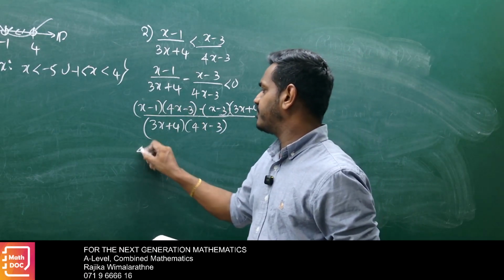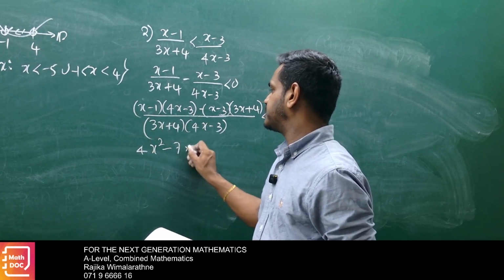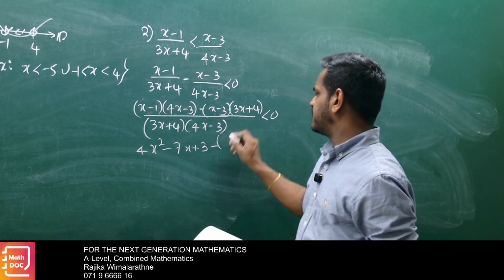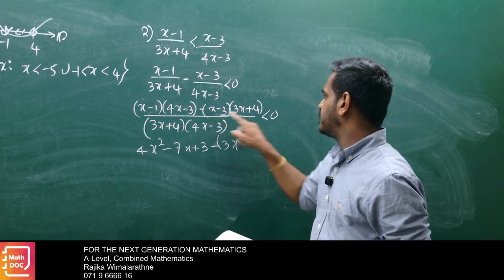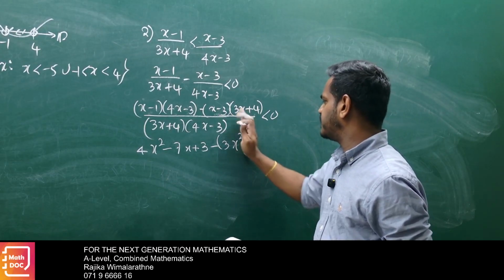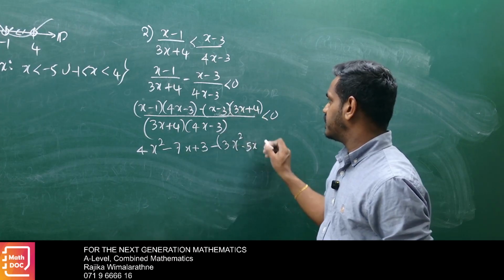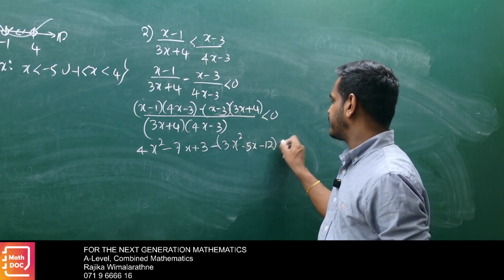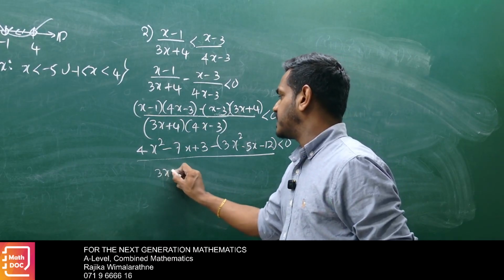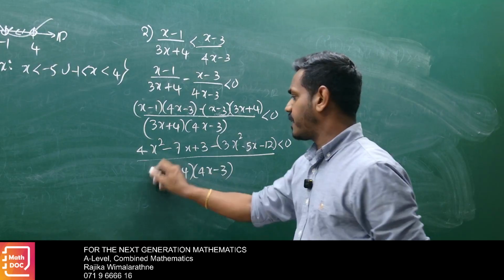That gives 4x squared minus 3x minus 4x minus 7x plus 3, minus 3x squared plus 4x minus 9x, minus 5x minus 12.